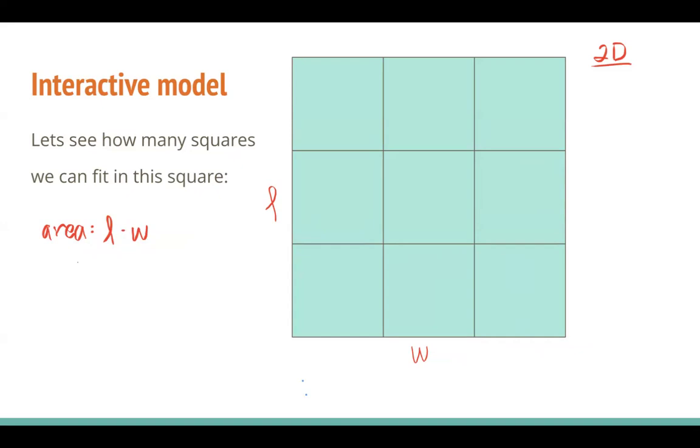Because the length and the width are in the same units, when you multiply these together, you end up with units squared when you give your answer. So let's say this was 3 centimeters by 3 centimeters. Then our area would be 9 centimeters squared.